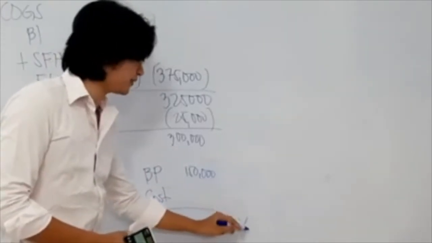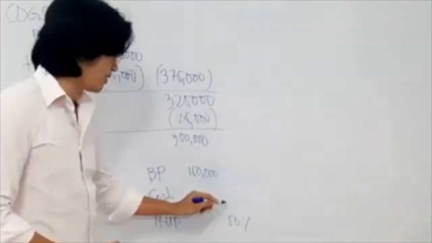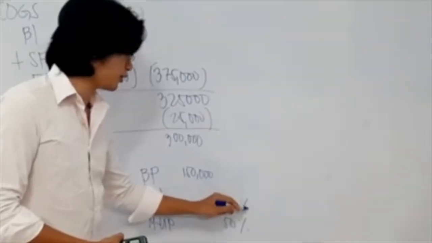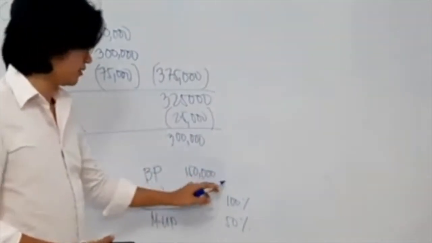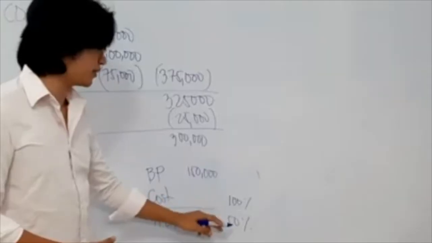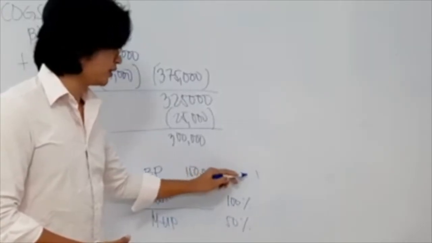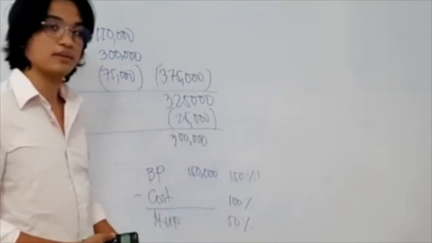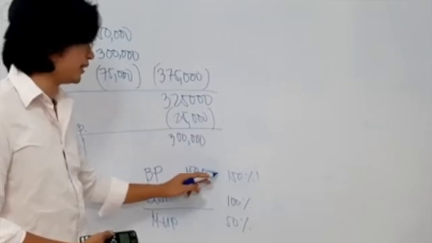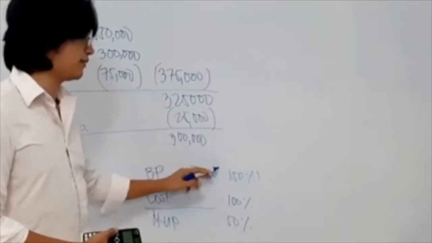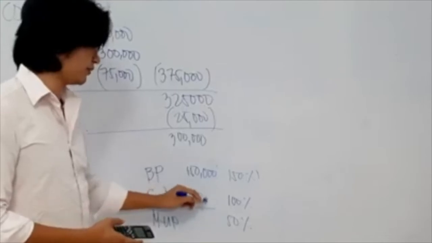So the markup is 50% above cost or based on cost. That means our cost is 100%. So how do we get the percentage for the build price? We add 50% plus 100%, we get 150%. Okay. So how do we compute for the cost? Simple, we just divide 150,000 divided by 1.5, we get 100,000.